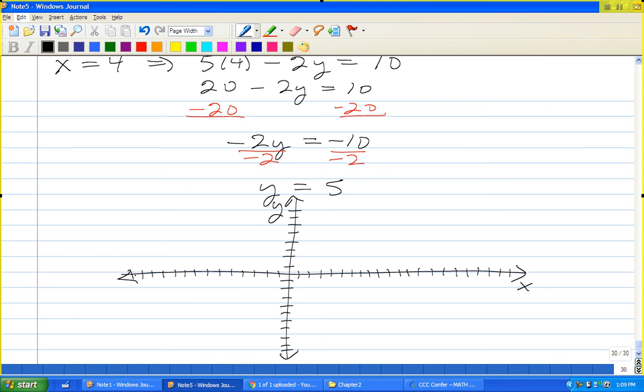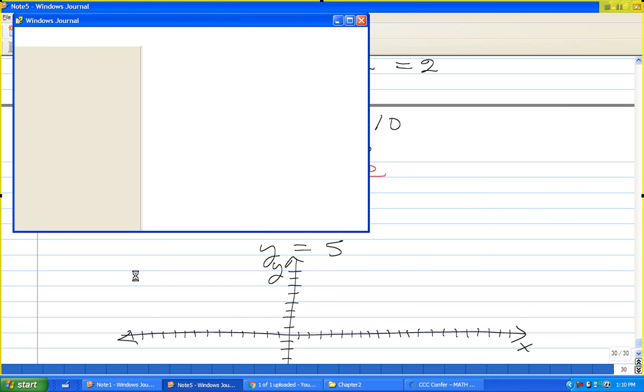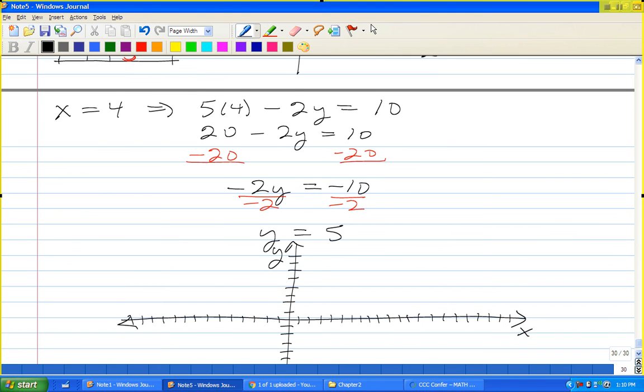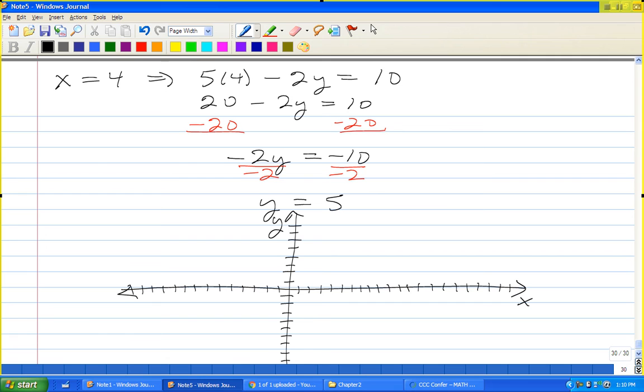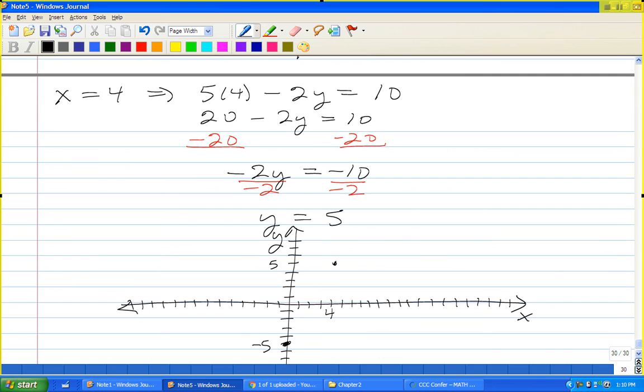Okay, so we're here when x is 0. We're at negative 5. At 4, we're at 5. 1, 2, 3, 4, 5. And at 2, we're at 0.